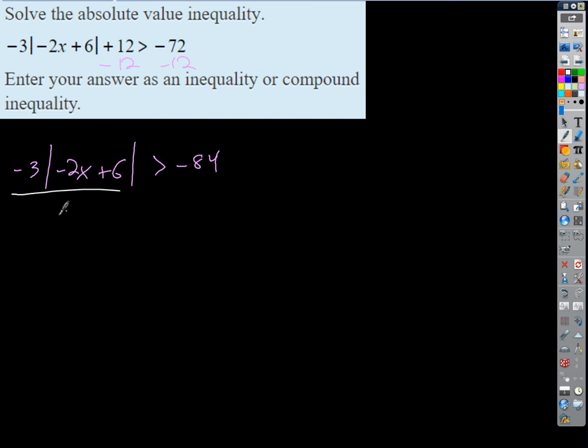Divide each side through by negative 3, but I'm dividing by a negative, so I've got to flip the sign. Good. What do I get? Over here I just get the absolute value of negative 2x plus 6. This side, negative over negative is positive. What is that, 28?